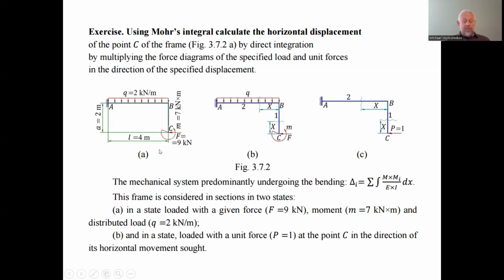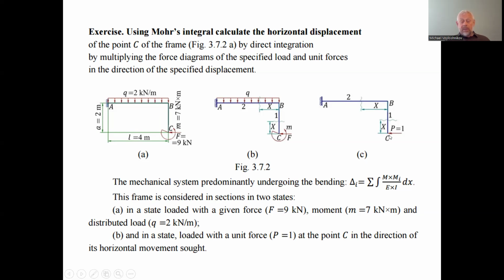The sizes of this frame are the length 4 meter and h is 2 meter. So to use the Mohr integral, it is assigned to find the displacement of the point C of the loaded frame in the direction leftward.